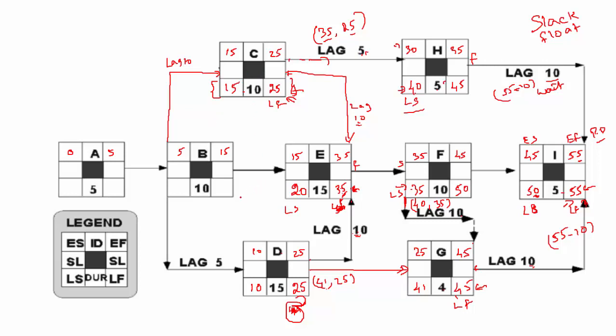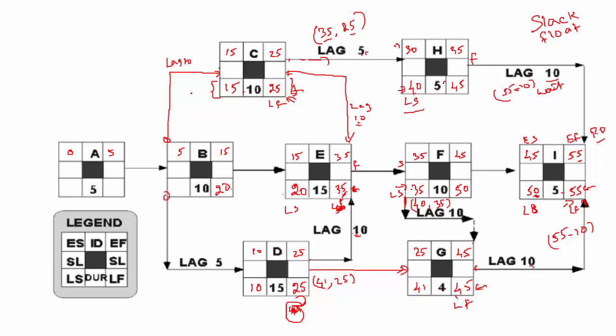All right. Now watch this for activity B. Just straight away bring 20 because there are no lags here. 20 minus 10 would be 10, but you have to wait here because there is one arrow here and one arrow here.